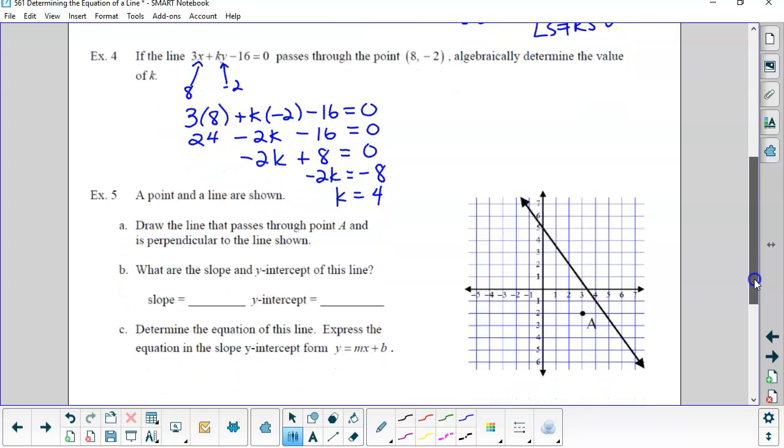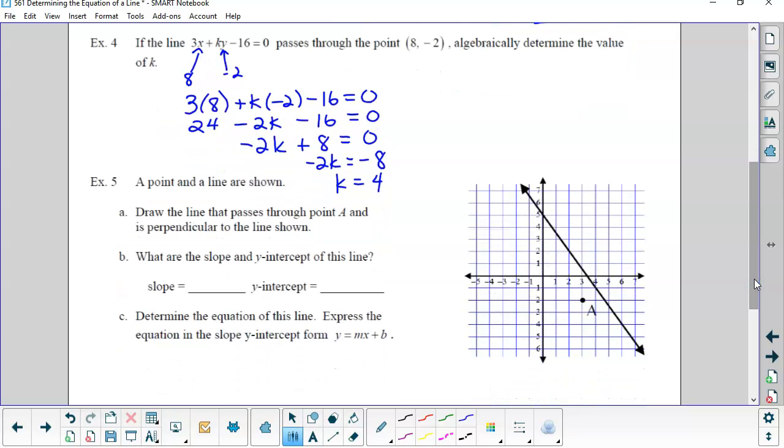A point and a line are shown. Draw the line that passes through point A and is perpendicular to the line shown. What are the slope and y-intercept of the line? First of all, we can eyeball it, but we want to be exact.